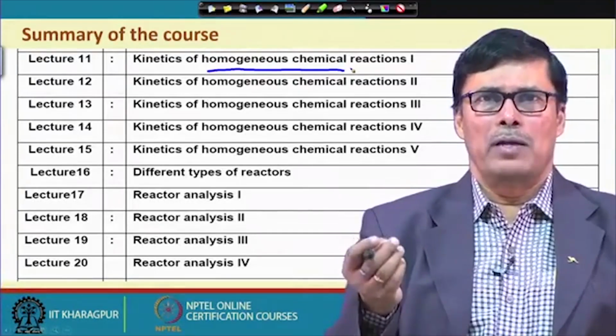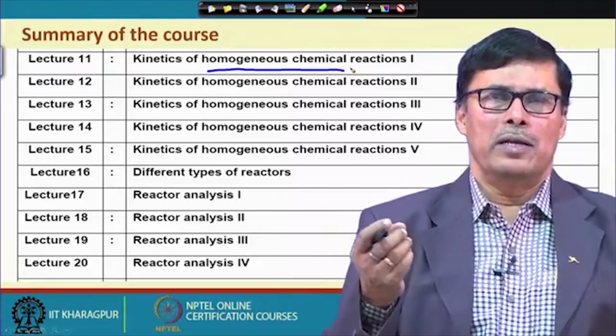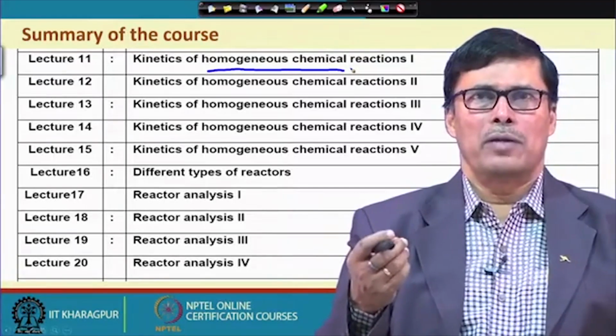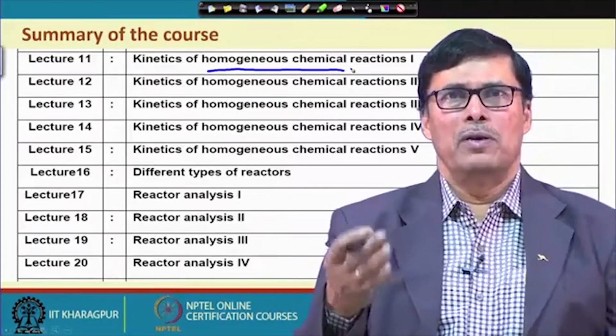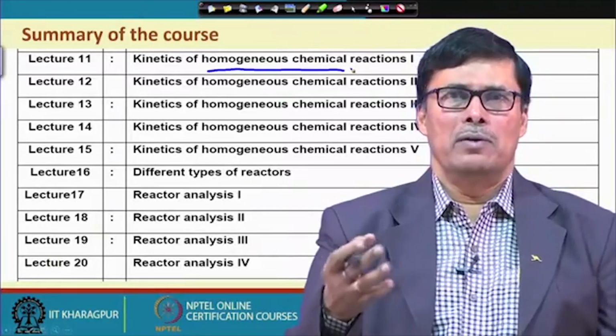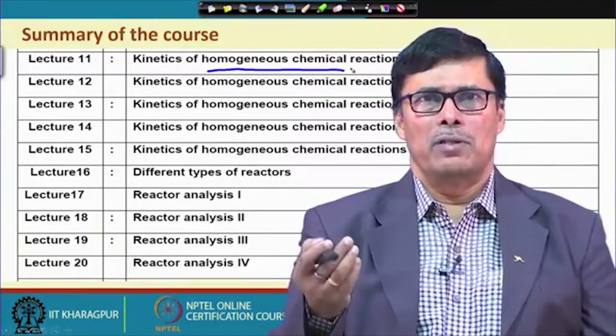This is very important. I told you that the rate constant and order of reaction are all experimental parameters. With the help of experimental study, you can find out all these values.